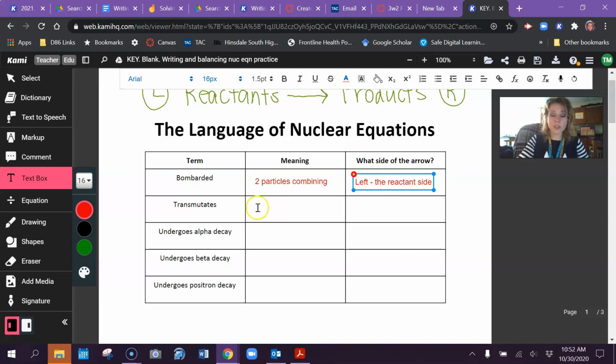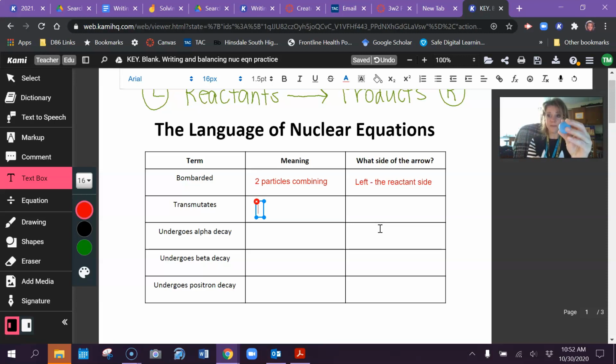Okay, the next word is transmutates. If one radioisotope transmutates into another one, what that means is that it's going to emit a particle and change into a completely different element.